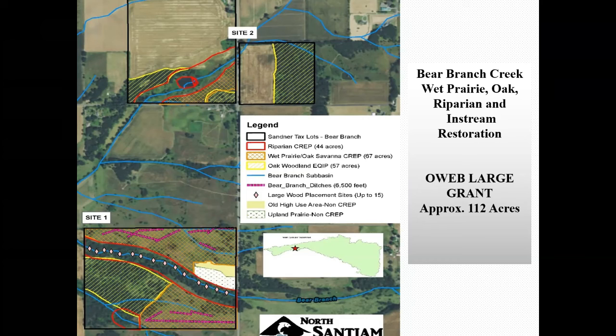This is actually a perched wetland, so part of the process was to block these ditches to keep the water on the landscape longer. So again, this was a multi-partnership project. We're still working on it, but at large scale, we were able to get a lot of funding for this landowner to implement all these practices.